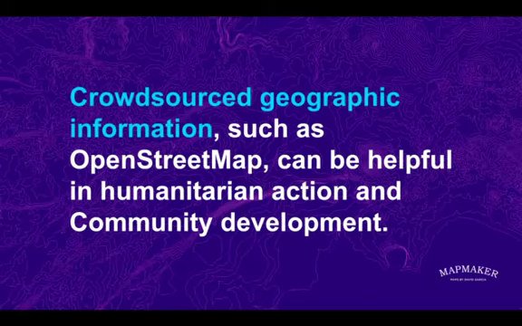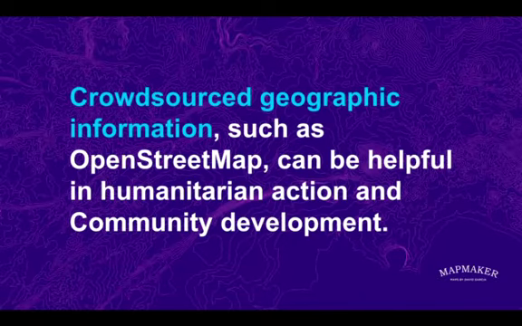Throughout the years, I've observed that crowdsourced geographic information, such as OpenStreetMap, which is a type of open data, can be helpful in humanitarian action and community development, or broadly in participatory mapping, because in the past, mapping was usually done by national agencies, by military agencies.